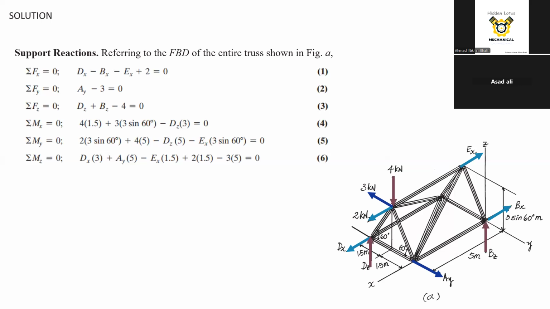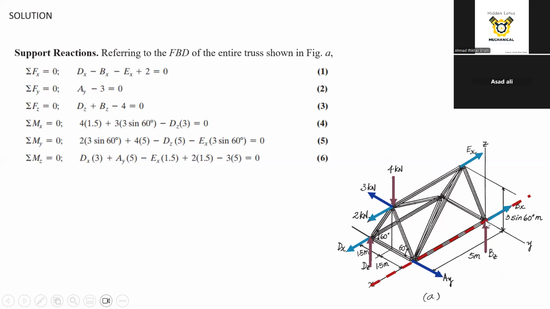So when we take moments about the x-axis, you see we have a 4 kilonewton force, and it has a perpendicular distance of 1.5 meters from the x-axis. And we have also this 3 kilonewton force, and you see it has a perpendicular distance of 3 multiplied by sine 60 degrees.